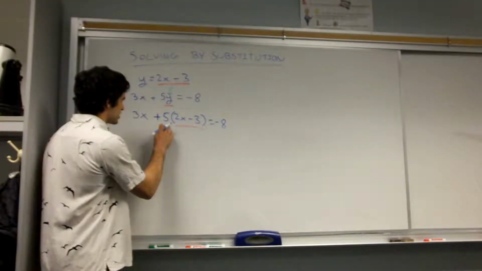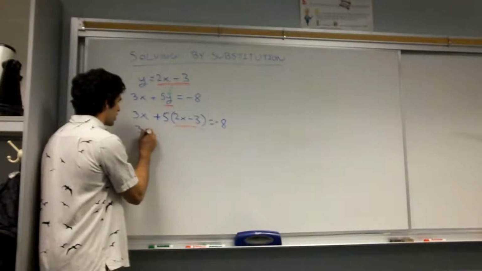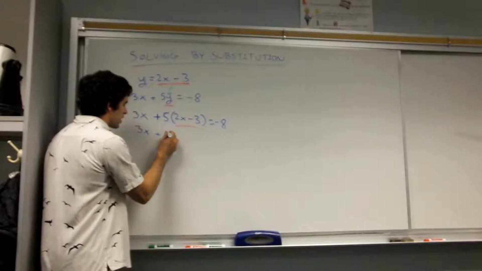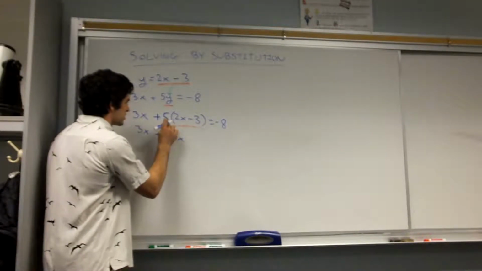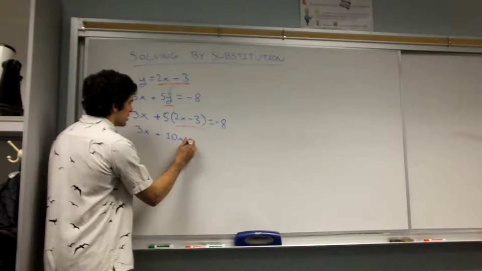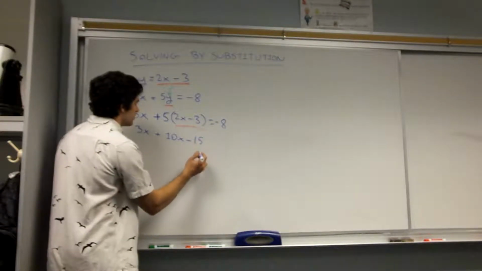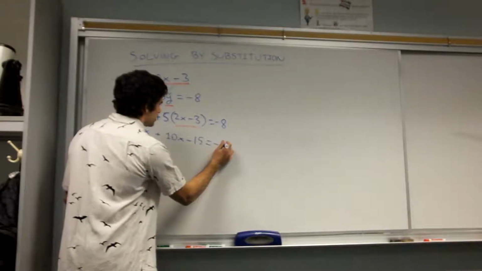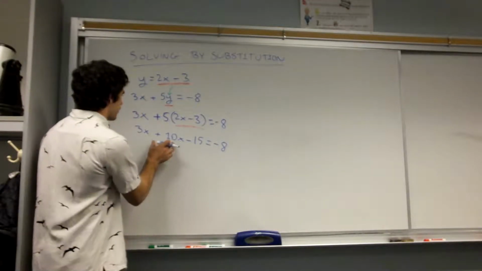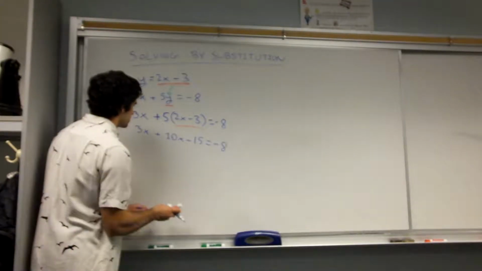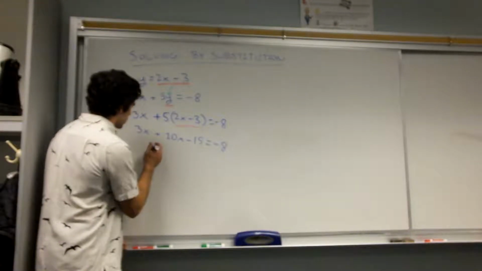So first we're going to use the distributive property, and we're going to get 3x plus 10x, because that's 5 times 2x, minus 15 is equal to negative 8. Now if we combine like terms, we can combine the x's.